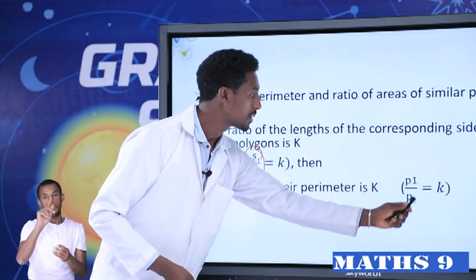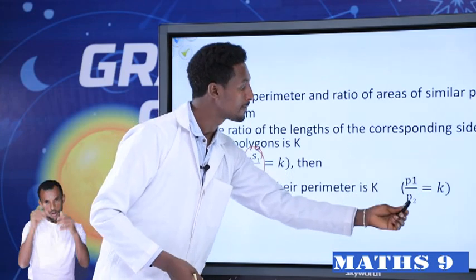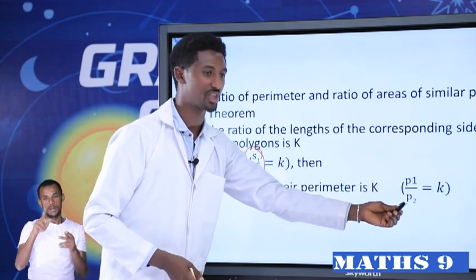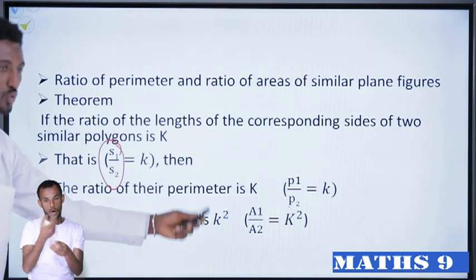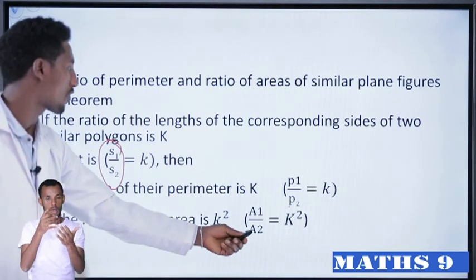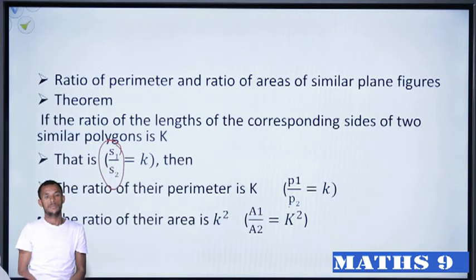That's P1 over P2 equals k, where P1 is the perimeter of the first polygon and P2 is the perimeter of the second polygon. And the ratio of their area is k square. Thus, A1 over A2 equals k square.